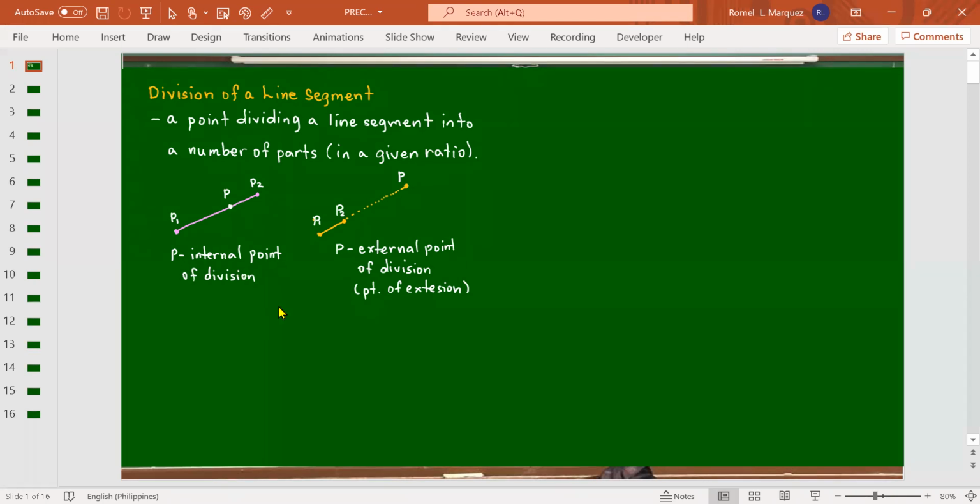Clear? So let's say I have this line segment drawn in the Cartesian plane.